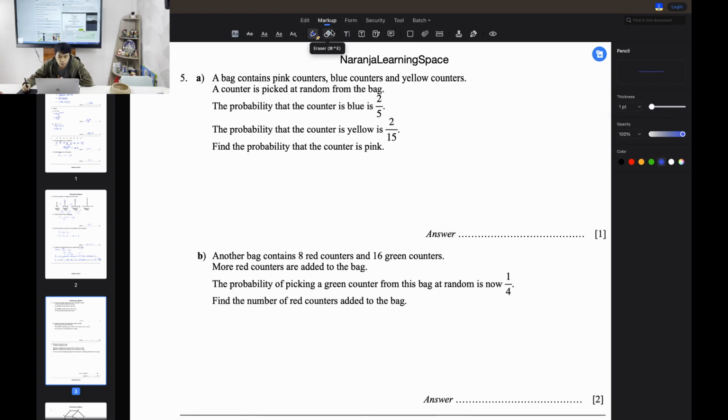Part A. A bag contains pink counters, blue counters, and yellow counters. A counter is picked at random. This is important: at random from the bag. The probability that the counter is blue is 2 out of 5. The probability that the counter is yellow is 2 out of 15. Find the probability that the counter is pink.